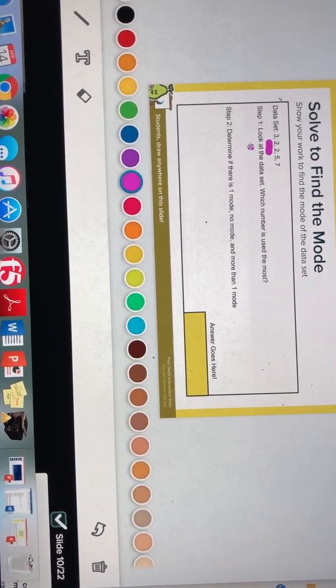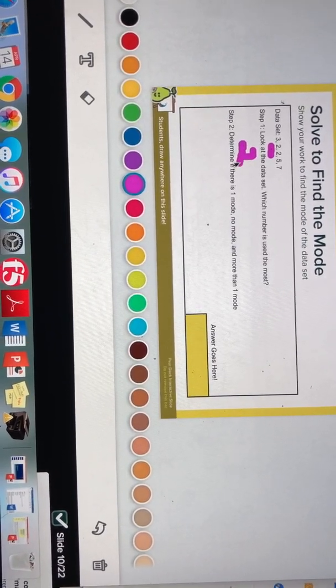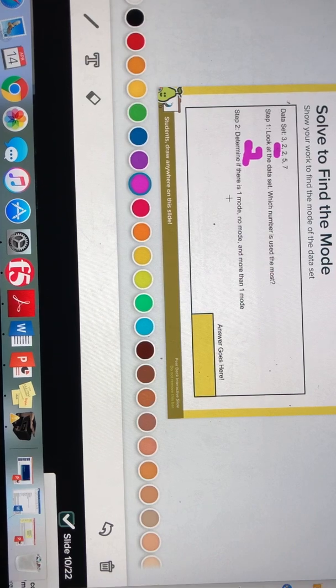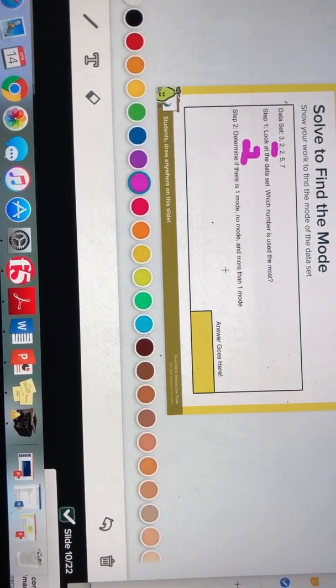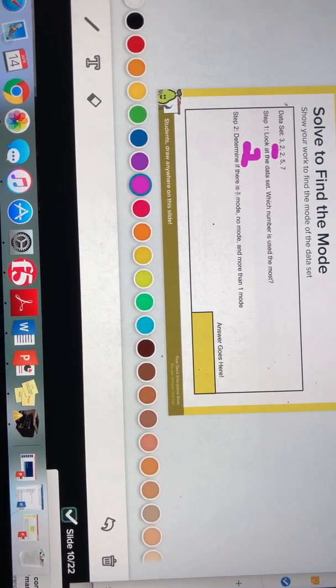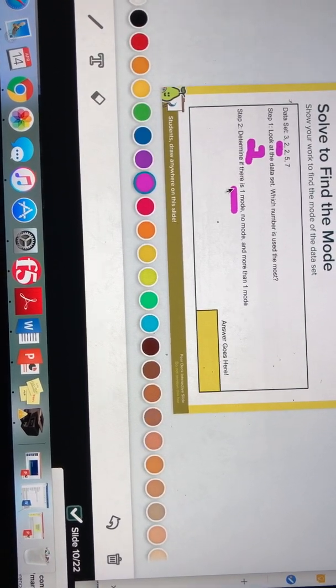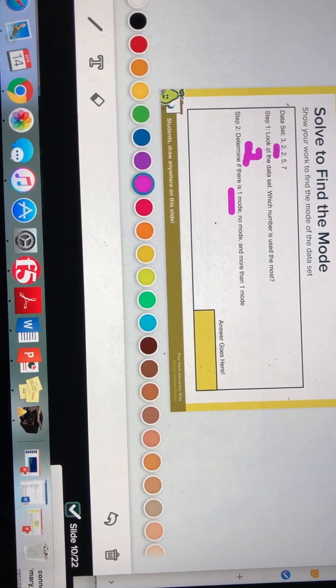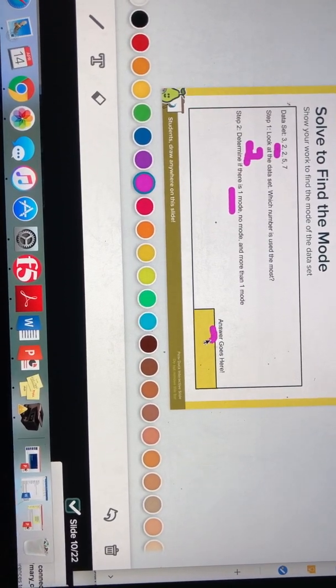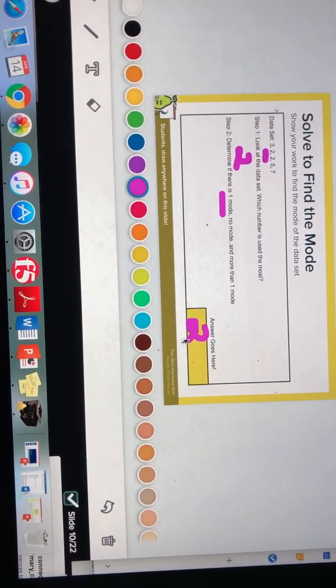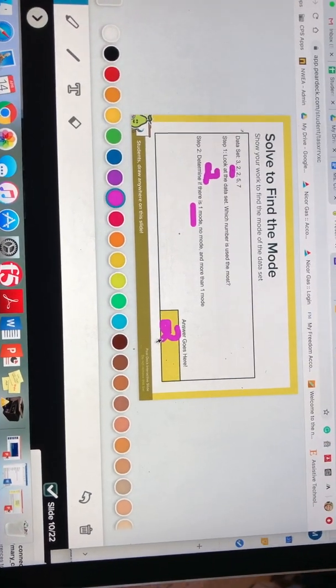So we have 2. Step 2, determine if there's one mode, no mode, or more than one mode. We determine that there's only one mode, because only 2 is used twice. So our mode is 2 for this example.